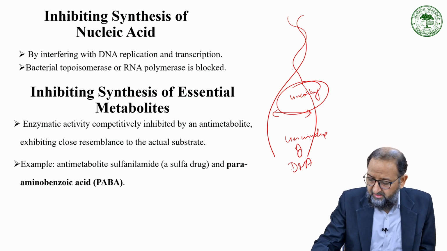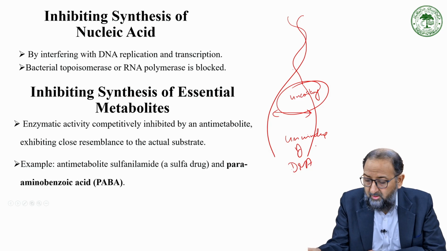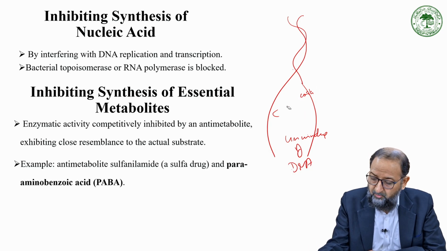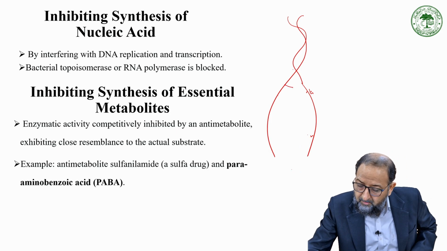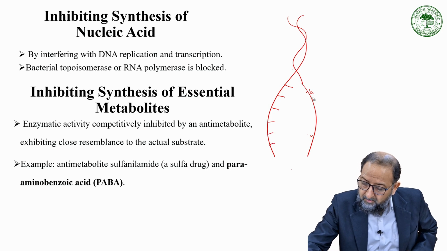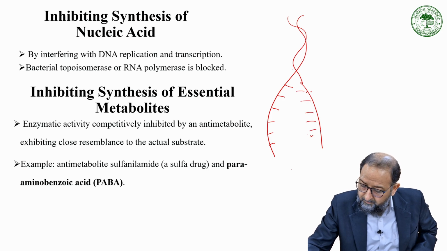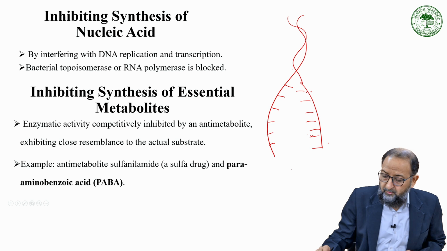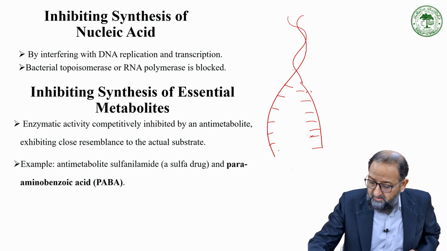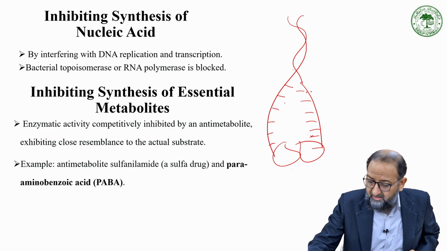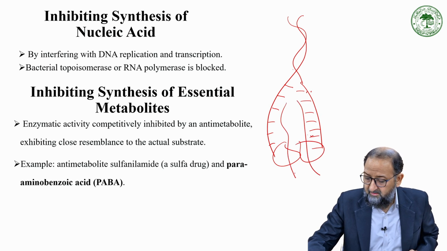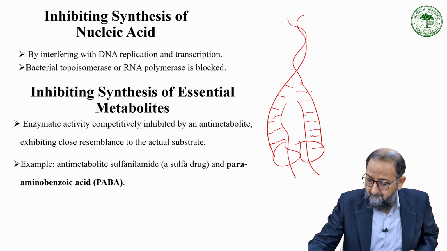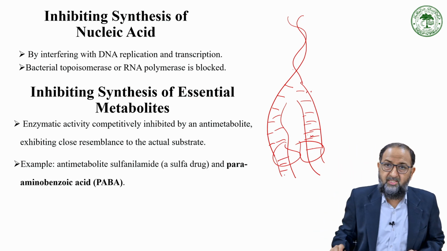Now the unwinding or uncoiling of DNA is important for the replication process, because what you need for the replication process is this. So when the replication takes place on the enzyme like this, it will synthesize another strand here like this. So this is how the replication process starts.